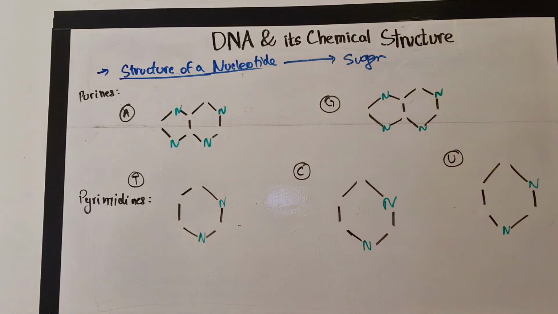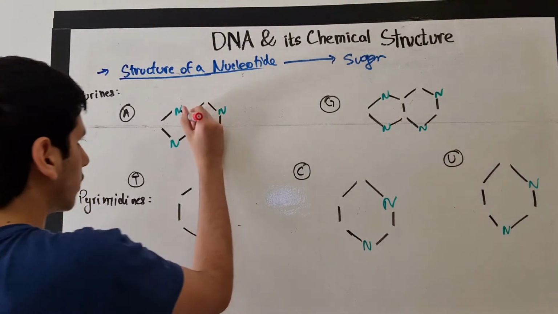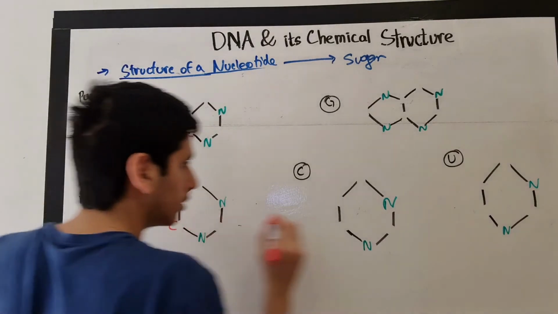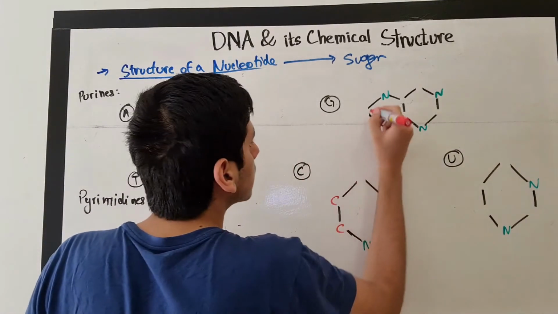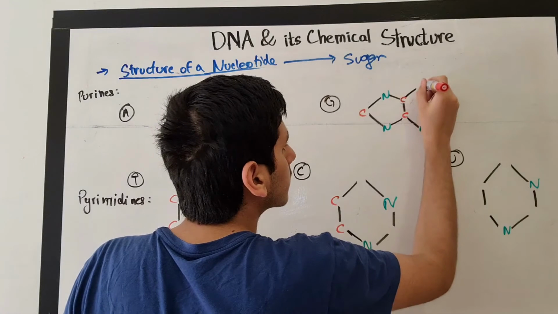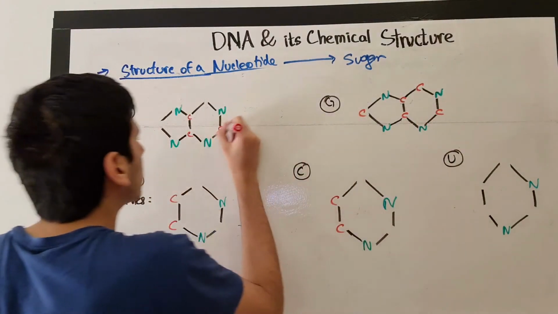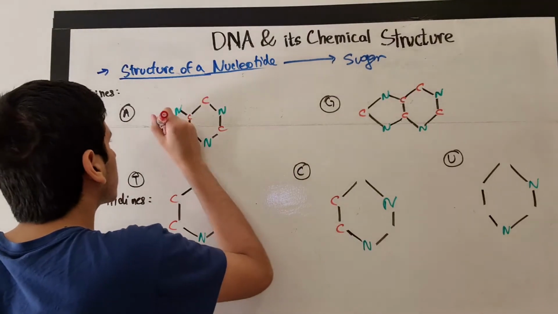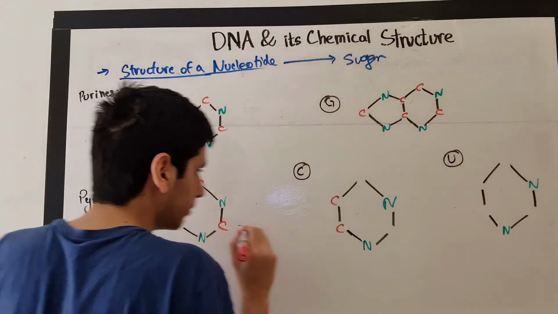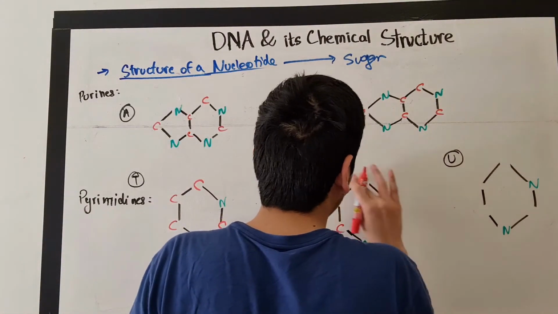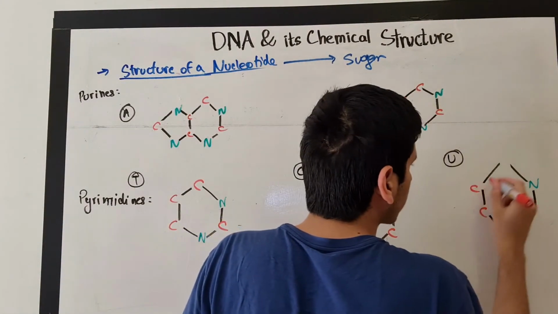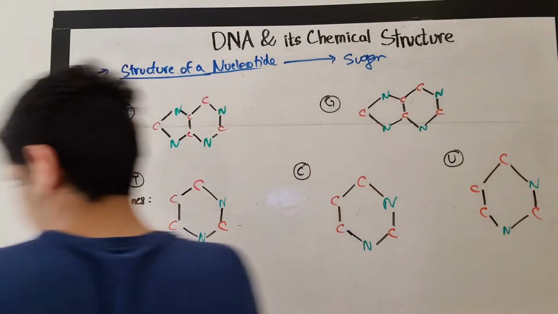Let's start with the carbons in red. So we know there's carbon at each of the remaining positions in both rings.